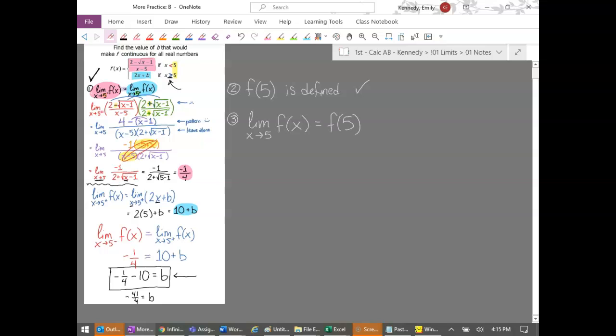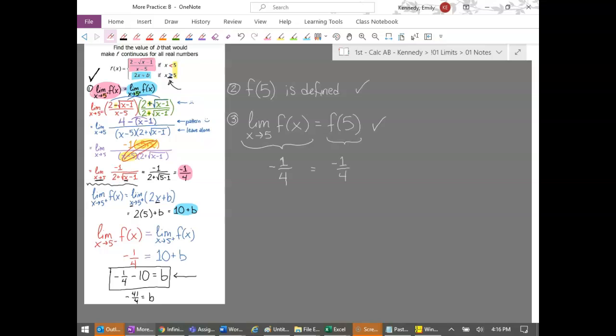And then finally, the limit as x approaches 5 from both sides needs to match the function value. The limit as x approached 5 from the left was -1/4. And then we did some work to make sure that the limit from the right, 10 plus b, was also -1/4. And f of 5 uses that blue rule. So this requirement was kind of automatically met through the other work that we had done, because my limit from the left and from the right is -1/4.